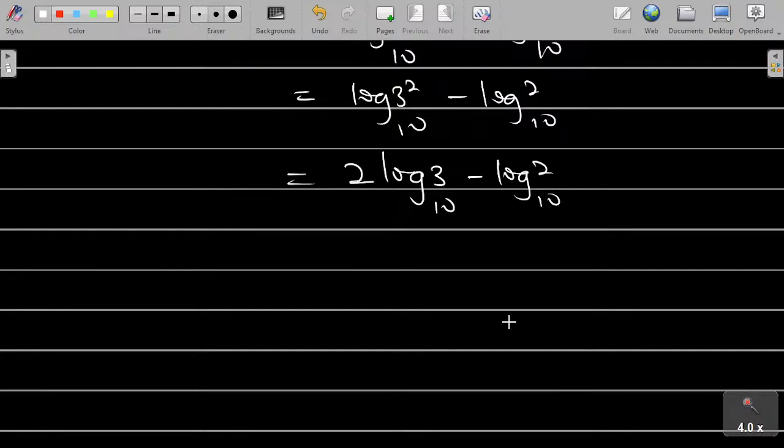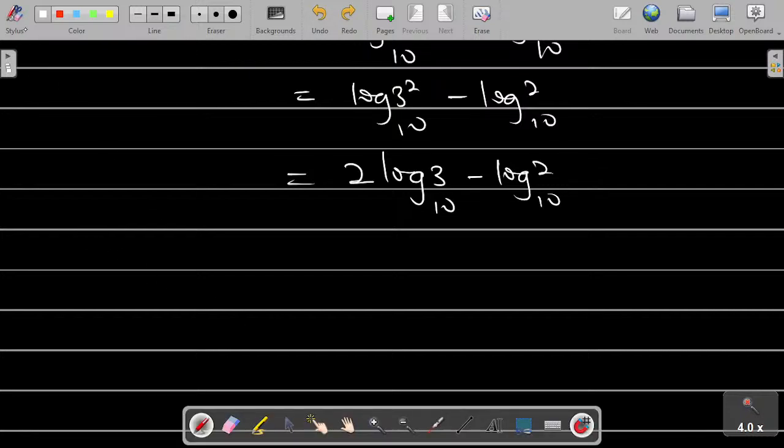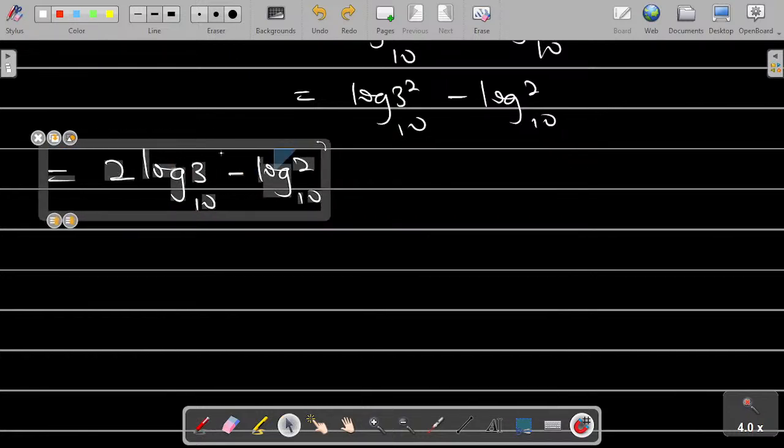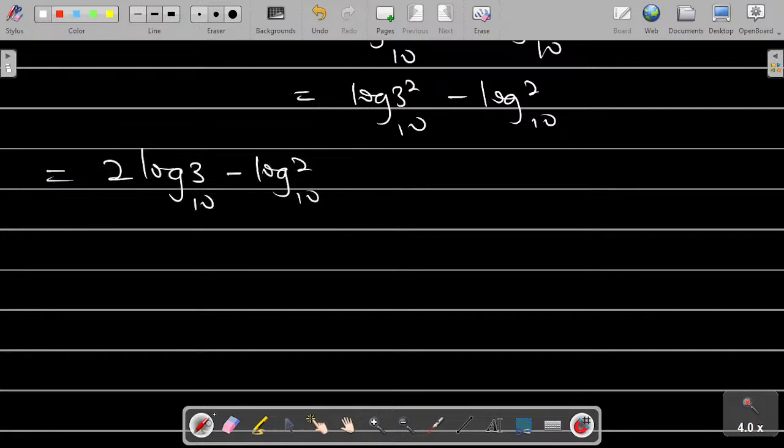So what is the value for my log 3? Okay, so this is going to be equal to 2 times, what is log 3?